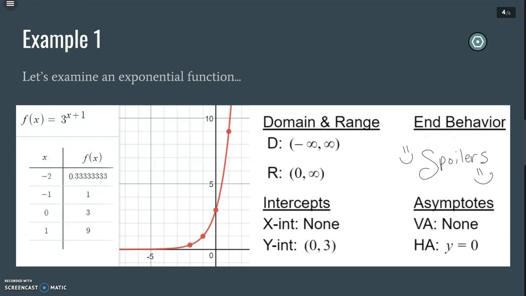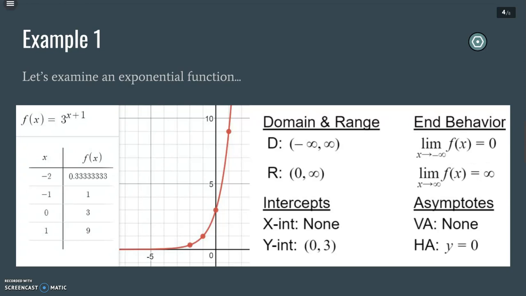But because my function is balancing just on top of the x-axis, my range starts at 0, but it still goes on forever to infinity. This range is what's going to take care of our end behavior.